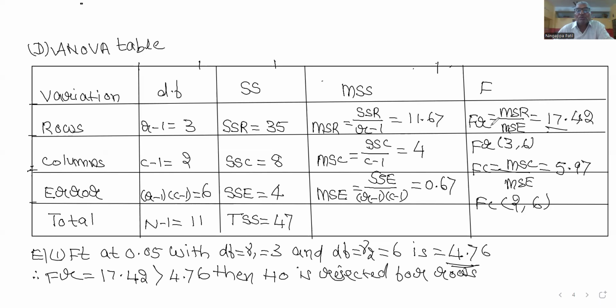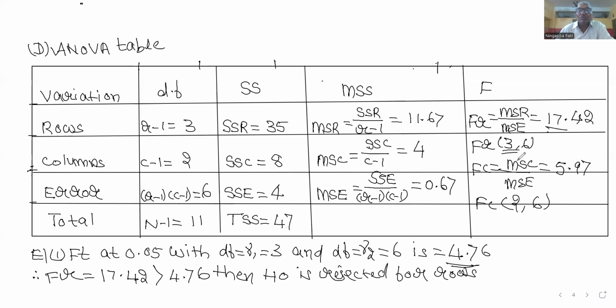Now look here. You can write MSR, its degrees of freedom 3, and MSE, its degrees of freedom 6. And this is useful for finding the table value.